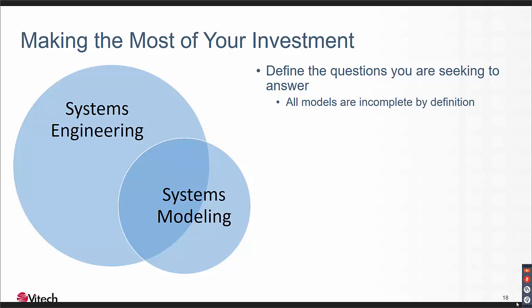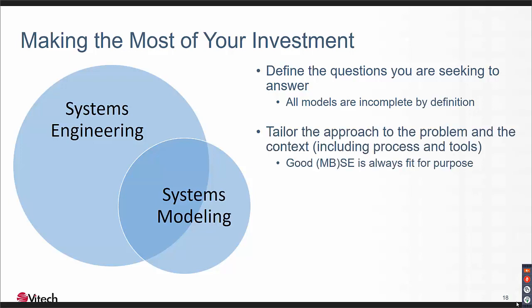If you don't know what you're trying to answer, you're going to do too much modeling, too much investment, not enough return. Once you know what you're trying to do, tailor the approach to the problem and the context, where the context is the combination of your process, your methodology, and your supporting tool. Take advantage of what your tool has to offer if it helps answer the questions you're seeking to answer. Good systems engineering, good model-based systems engineering is always fit for purpose.